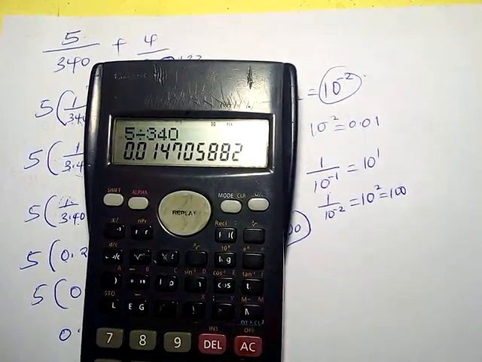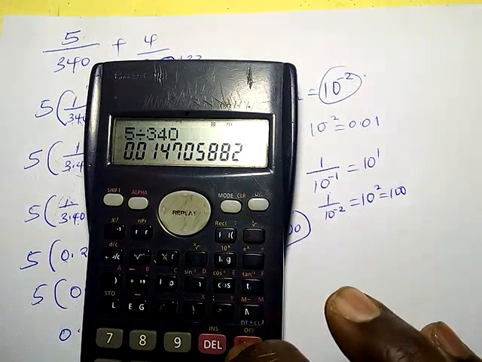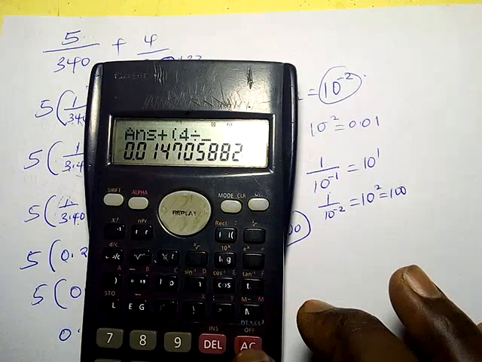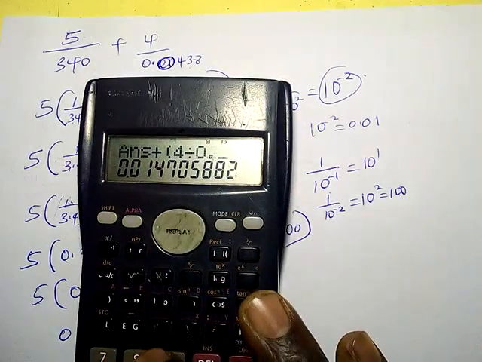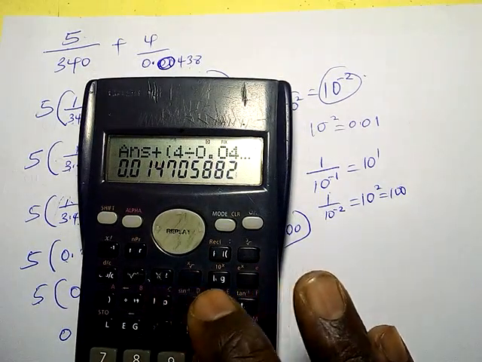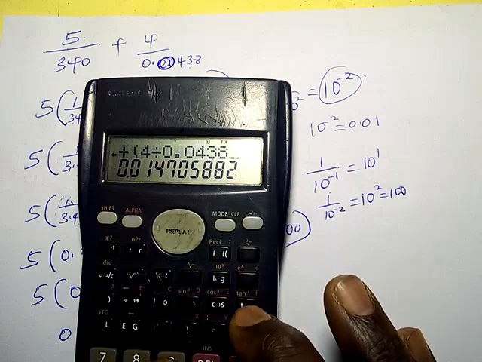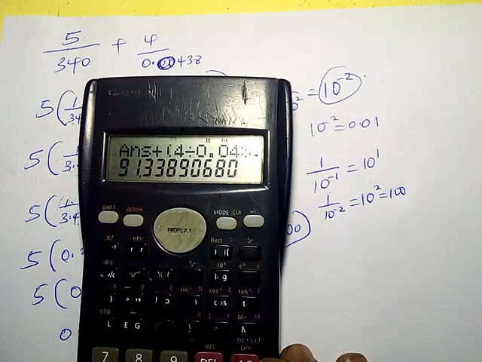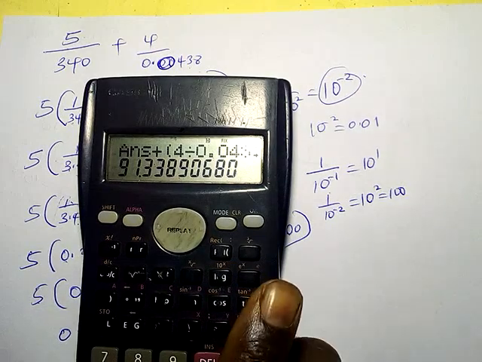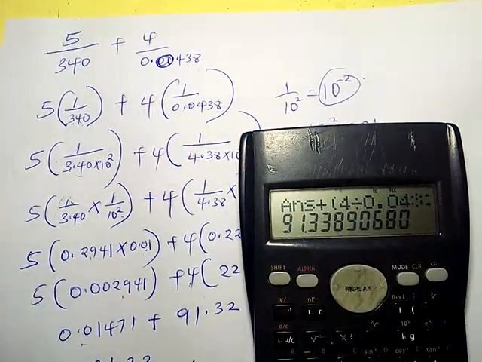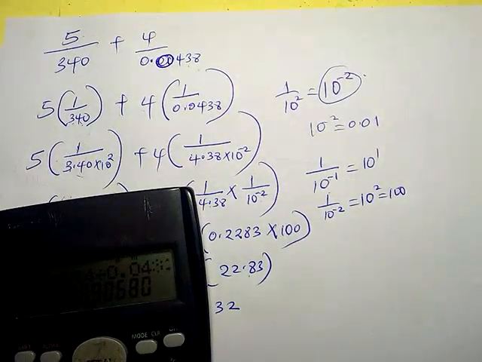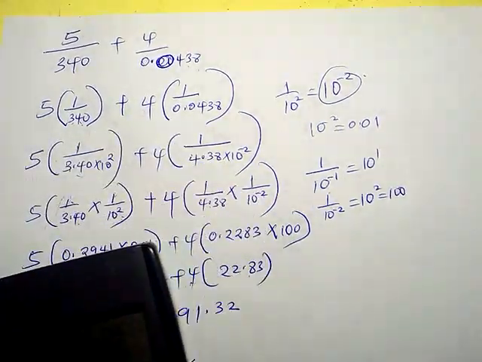You open a bracket, you add, and then open bracket, 4 divided by 0.0438, right? You close the bracket. What is the answer? The answer is 91.338, and our answer is 91.33. So that tells you are right. You mark for yourself before the teacher marks for you.